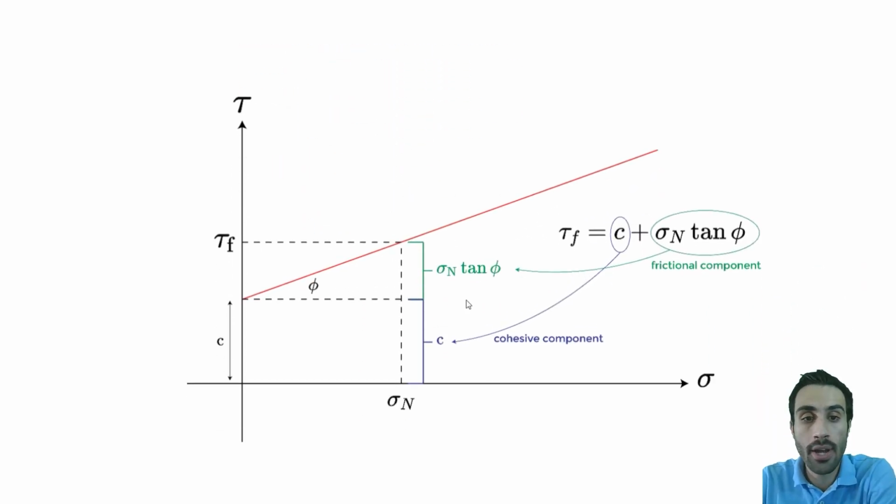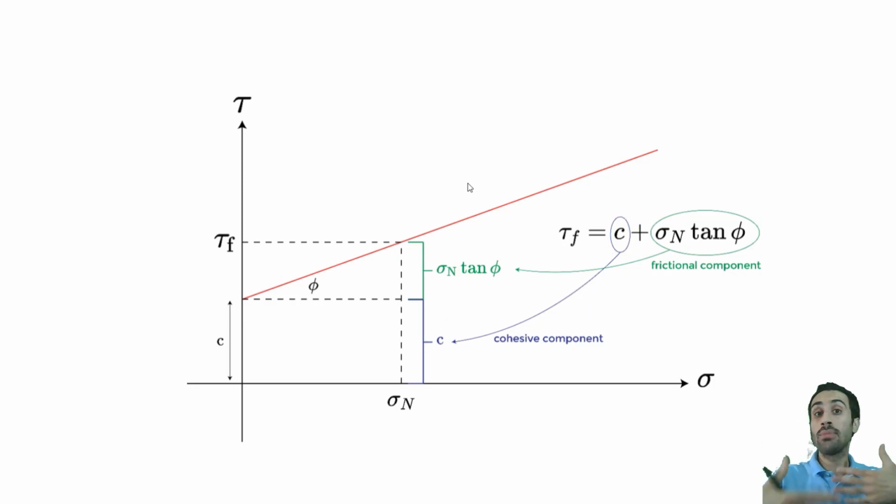If we look at a graph similar to the Mohr-Coulomb failure envelope, we know that the shear at failure, or the shear resistance, depends on two components. It depends on the frictional component, which is this part, and it also depends on the cohesive component, which is that part.